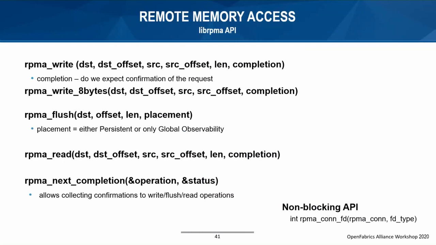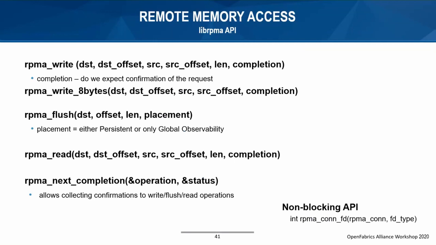So now let's describe the API in more detail. First of all, the most important, the write to remote persistent memory. As you can see, we have a source and destination point. We have two offsets, so in this case, these two memory areas do not need to be fully binary compatible.